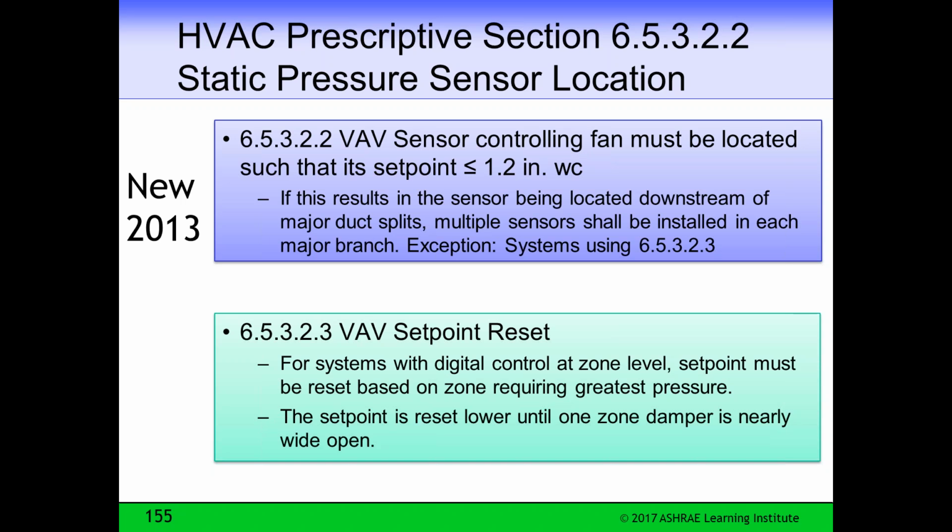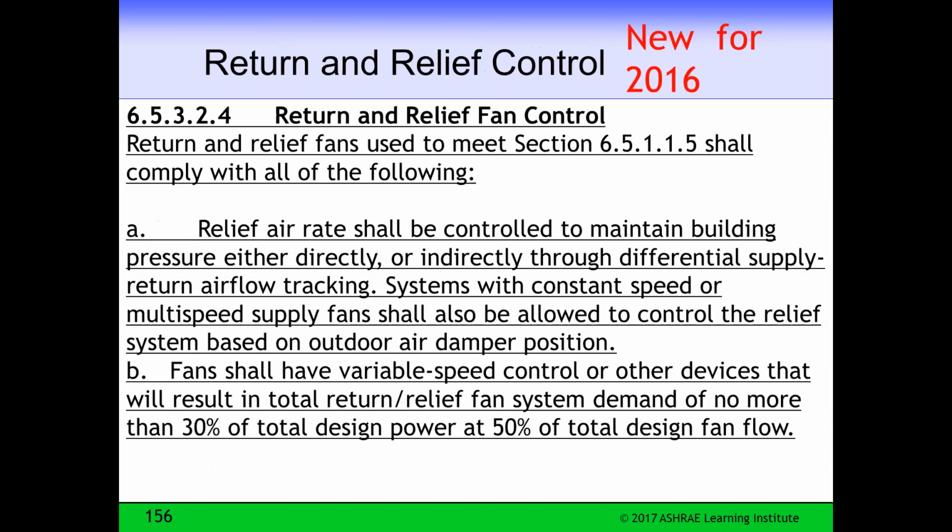So we would raise the set point if that damper was full open, and that would mean the fan would speed up to get to that set point and the damper would close. So we are monitoring the position of dampers, but we're controlling the set point on the duct pressure sensor.